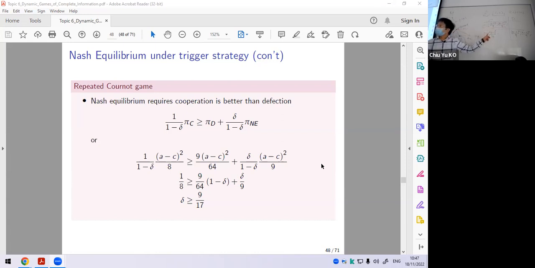So what you're going to do intuitively is reduce this gap so that you can support it, because you try to make the gain from being selfish less. Remember how you do the deviation: you look at this gain compared to this plus this, right? So how can you support this thing? Make sure that this guy is little. The more you reduce this one, then you can support it. So that's the idea here.